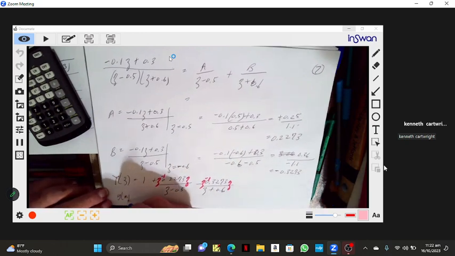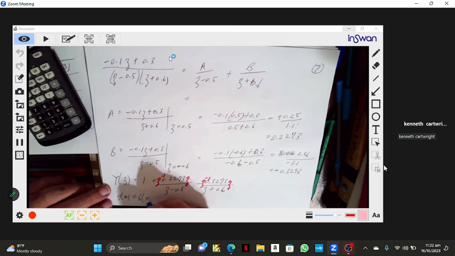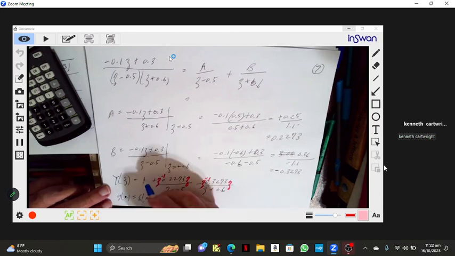So y of n, delta of n, the inverse z of 1 is delta of n.